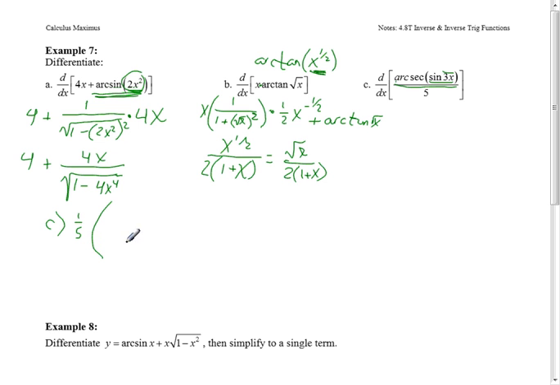Alright, arcsecant, the derivative of arcsecant is 1 over, and we have the absolute value of x, but we don't have an x, we have sine of 3x.